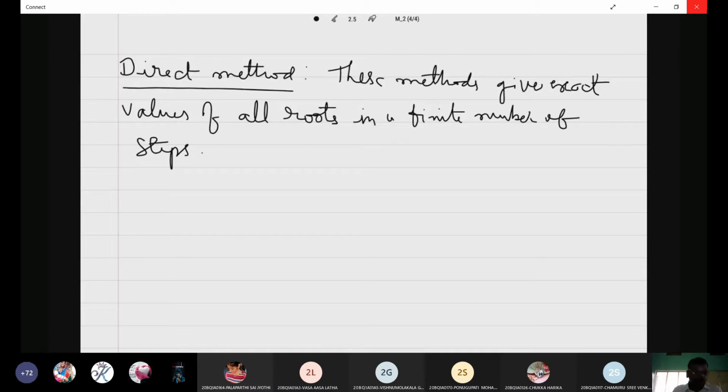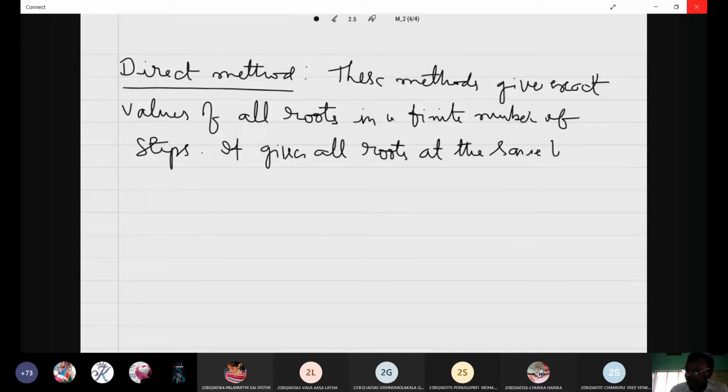It gives all roots at the same time. అన్ని ఒకేసారి వస్తాయి రూట్స్. That is the direct method.